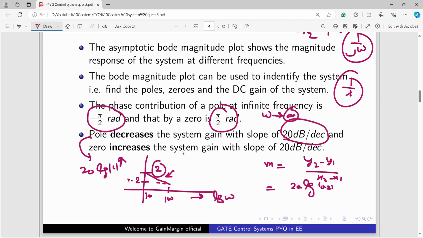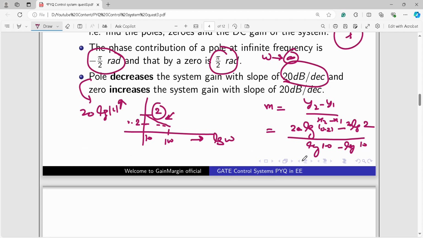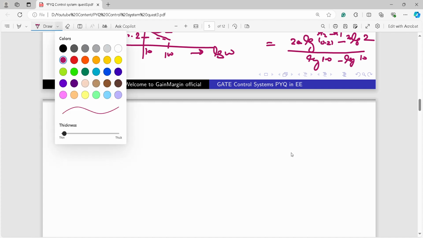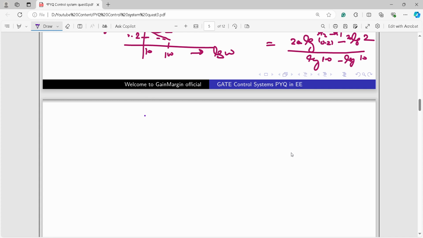So 20 log 0.2 minus 20 log 2, divided by log 100 minus log 10. Let me change the color. So 20 log 0.2, base is 10. Understood?